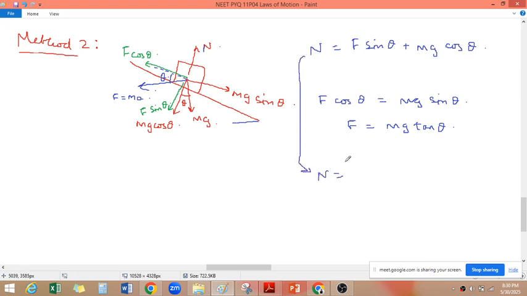So N is equal to, in place of F I will put mg tan theta, or you can put sin theta by cos theta, nothing wrong, because I am seeing sin theta here, plus mg cos theta.